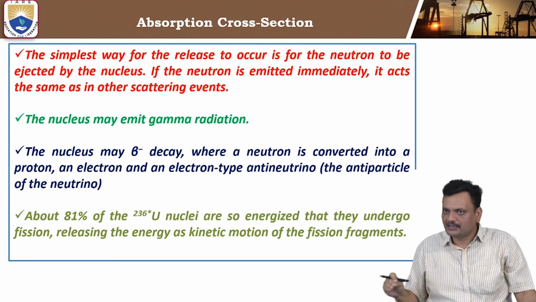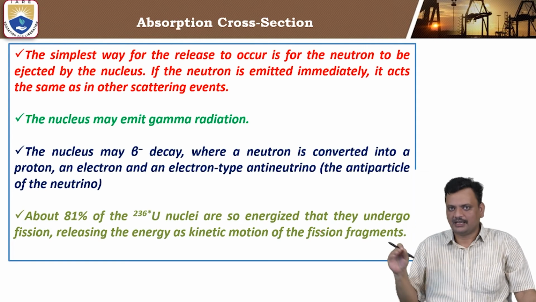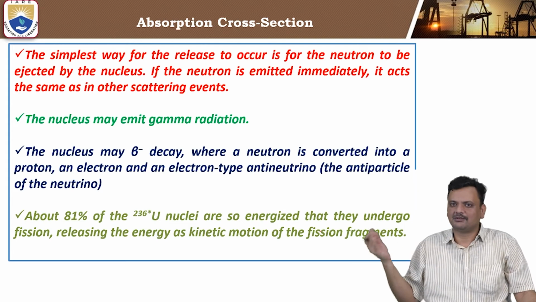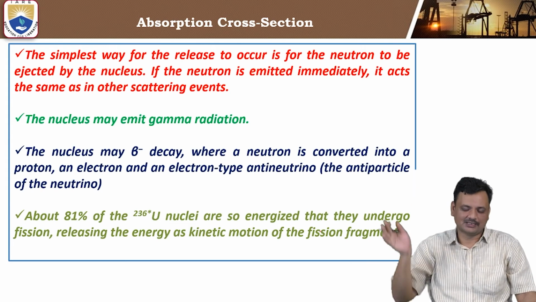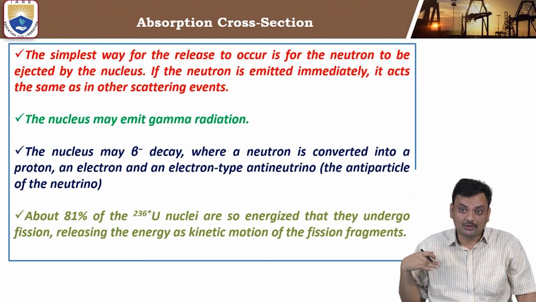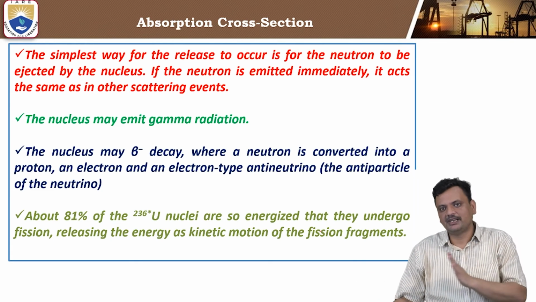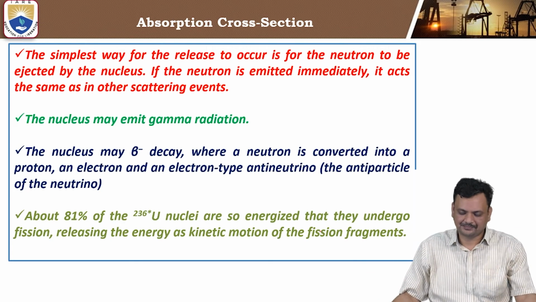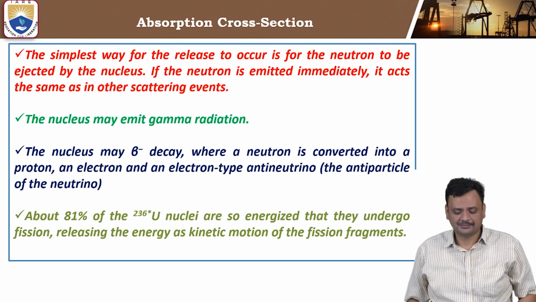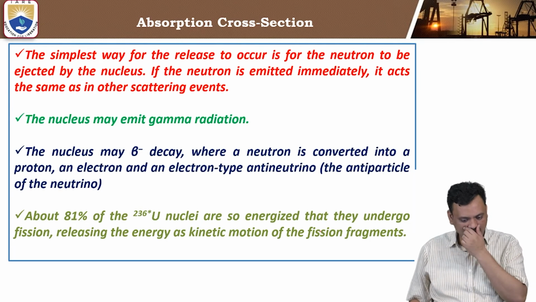So to reach a new stable energy state, it will emit some other kind of radiation known as gamma radiation. Or it will go for beta decay, where a beta particle will be emitted.